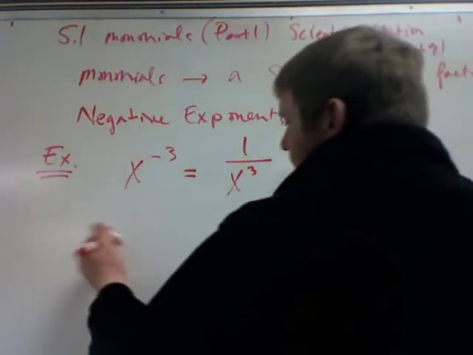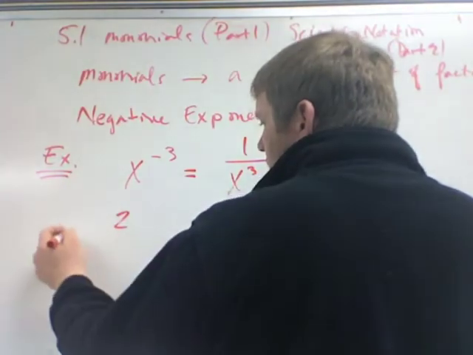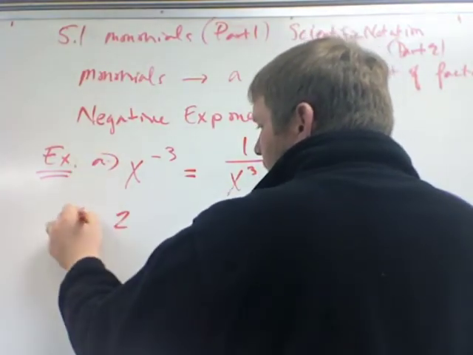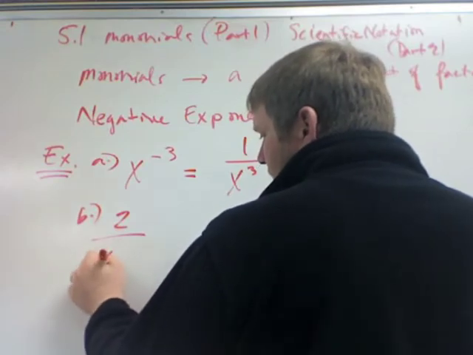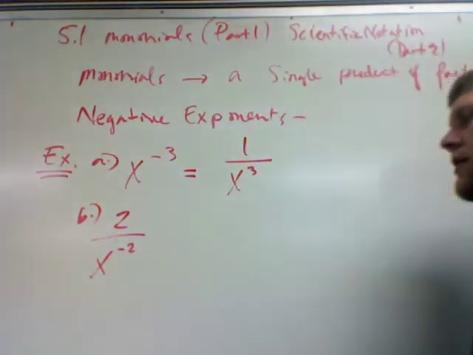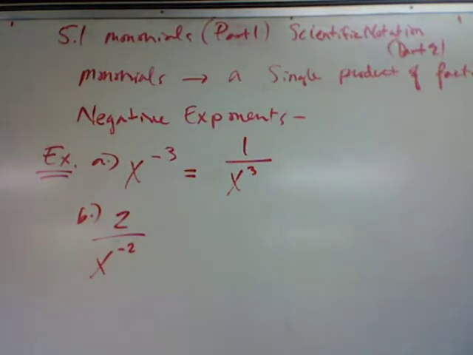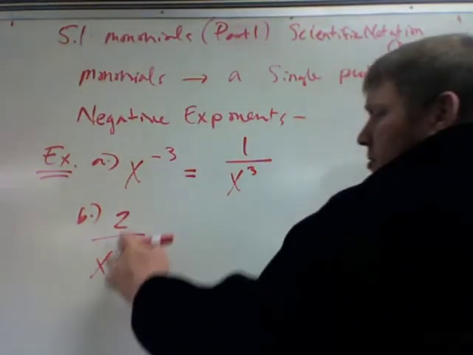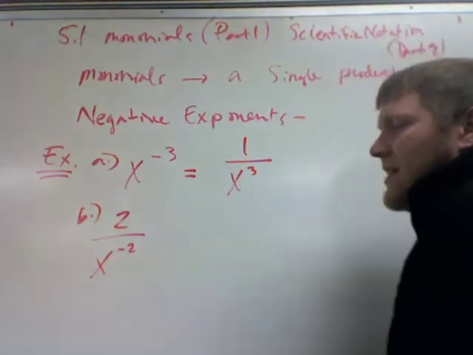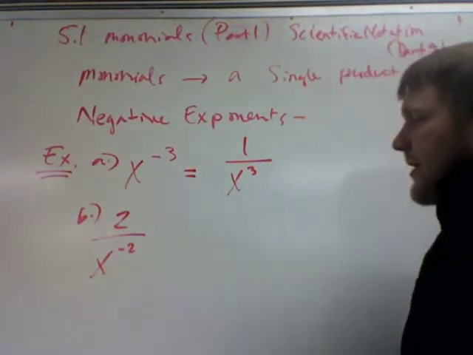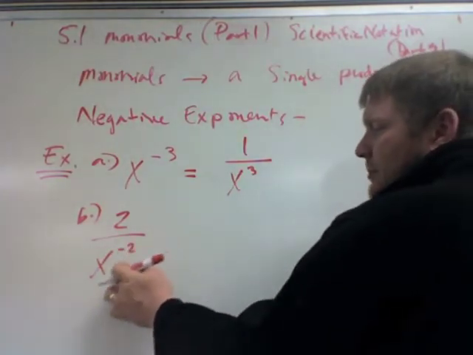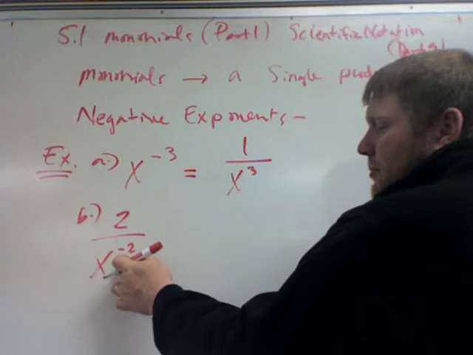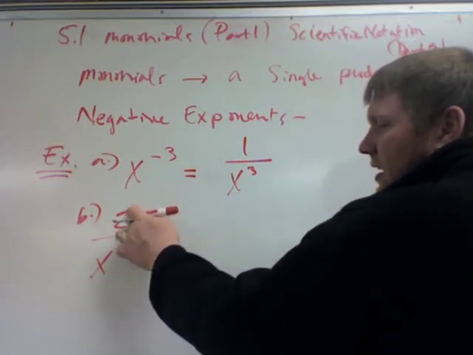Let's say we had 2 over x to the negative 2. This is a common mistake for everybody, because they think taking the reciprocal means the 2 needs to go down on the bottom, but that's not the case. To make this power positive, I just take this factor and move it up top, and I leave the 2 alone.